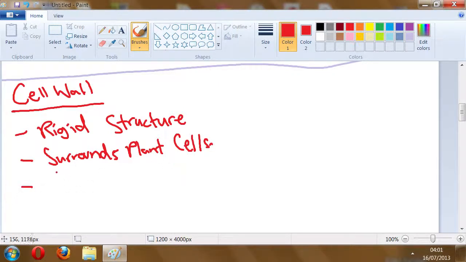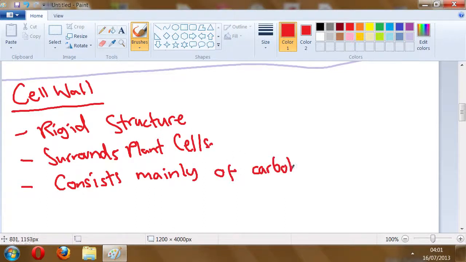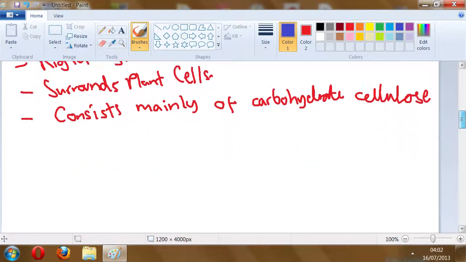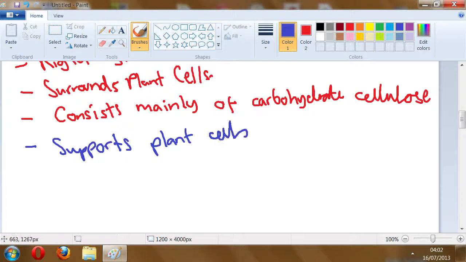This is mainly made of cellulose, in plant cells.